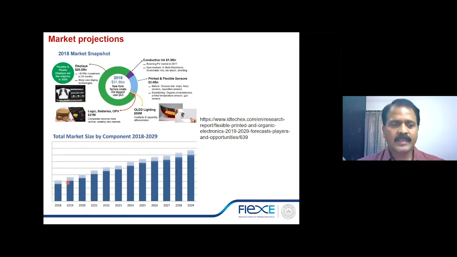And this market is projected to grow. What we see here is a projection of the flexible electronics market, in billions of US dollars, and each bar represents about 10 billion US dollars. In 2018, we were at about 30, and by 2029 it is expected to reach around 87 billion US dollars.